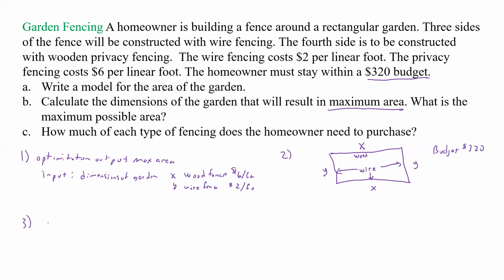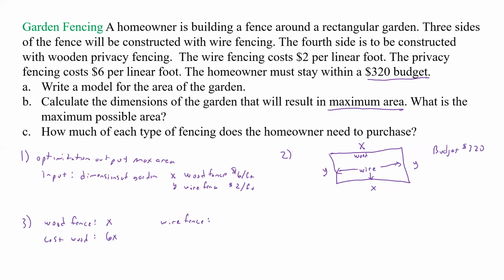So if we do the wood fence, well, the wood fence is going to be a distance of X. And so then the cost of the wood is going to be what? Well, it's 6 times however long that X is, so 6X. Okay, now what about the wire fence?